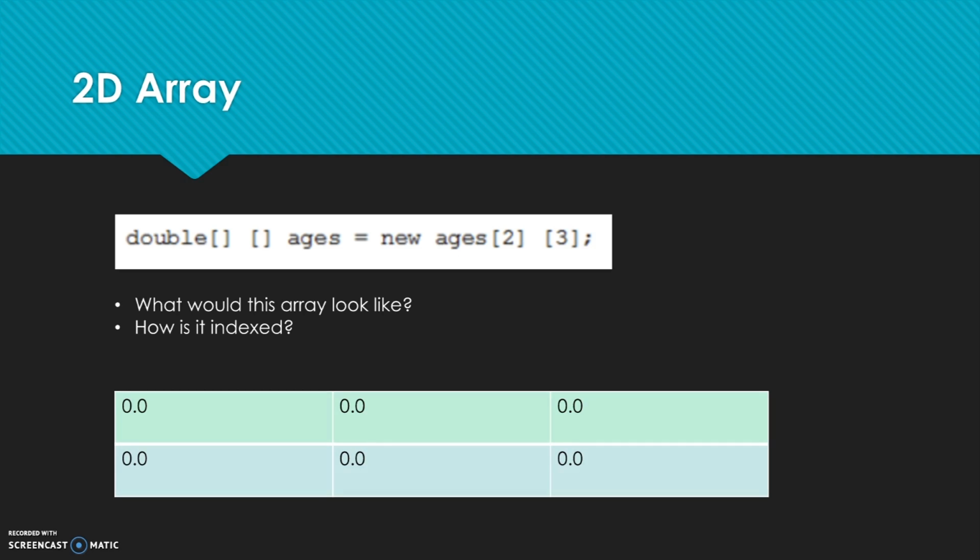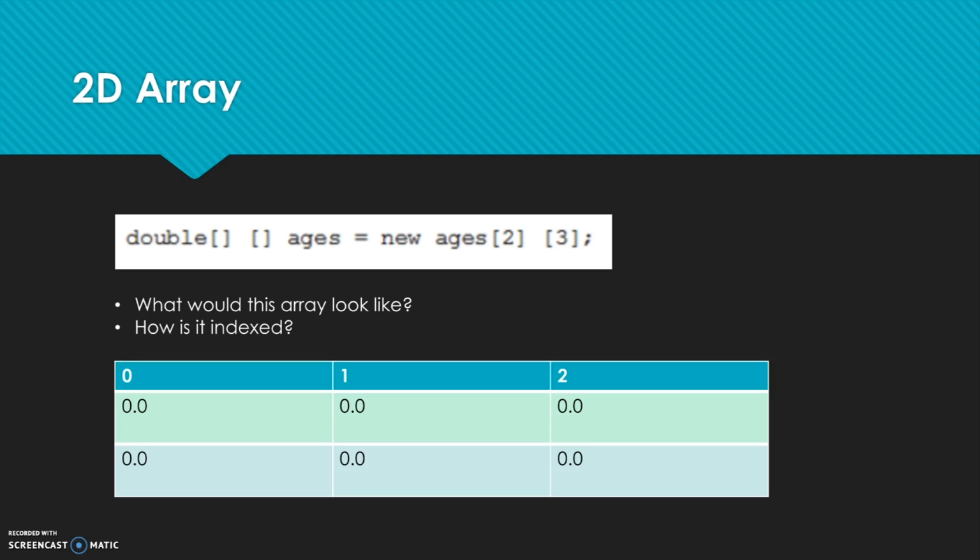The two-dimensional array is initialized with all zeros, and you'll see that you have 6 elements, which has 3 columns, 0, 1, and 2, just like a single one, it's all 0 based. And it has 2 rows, 0 and 1.